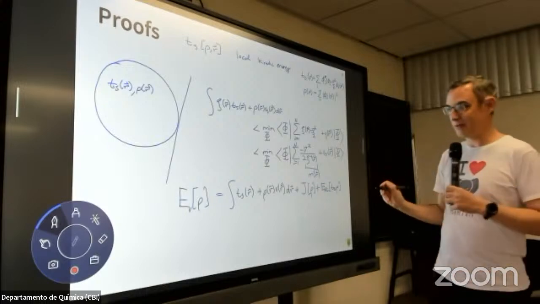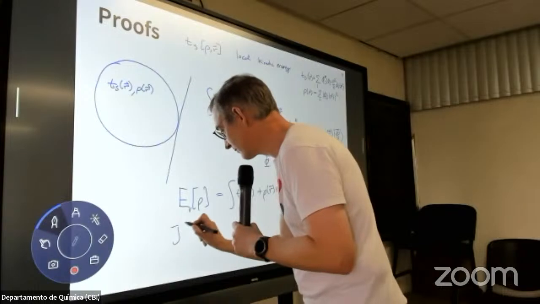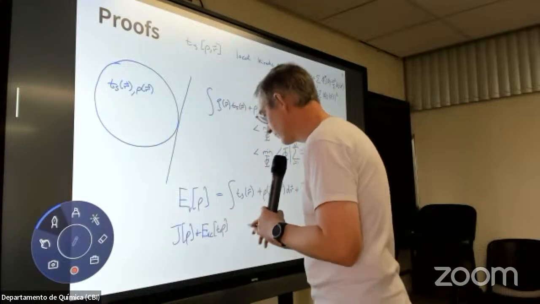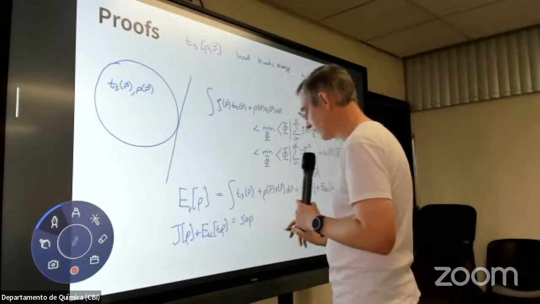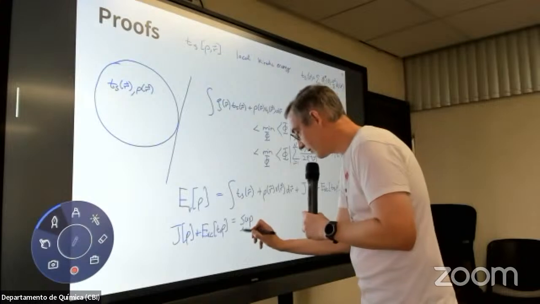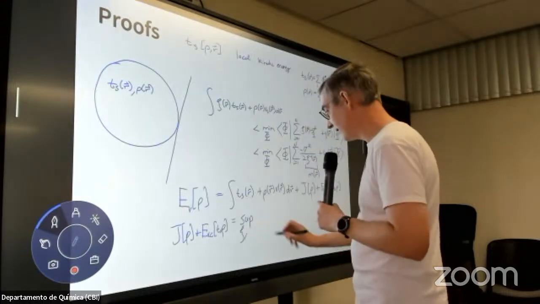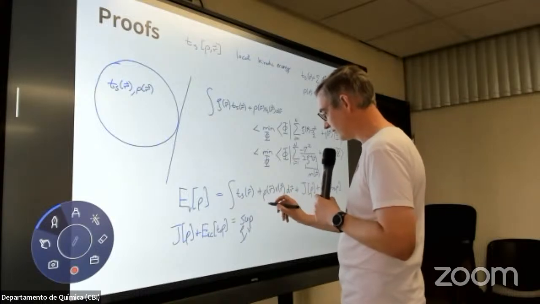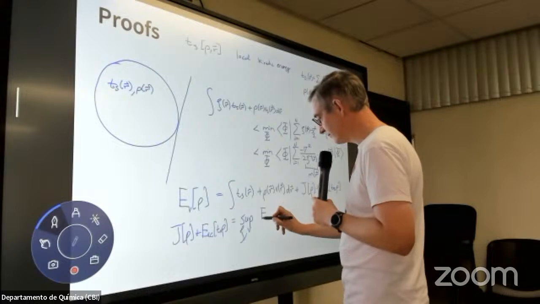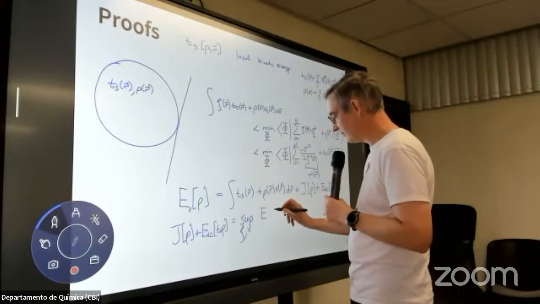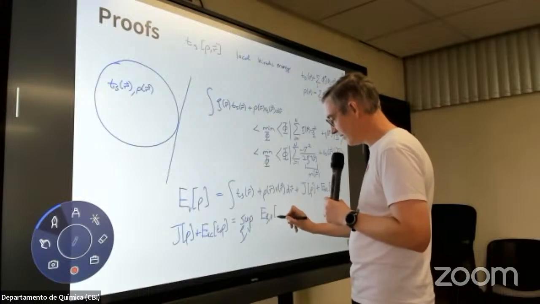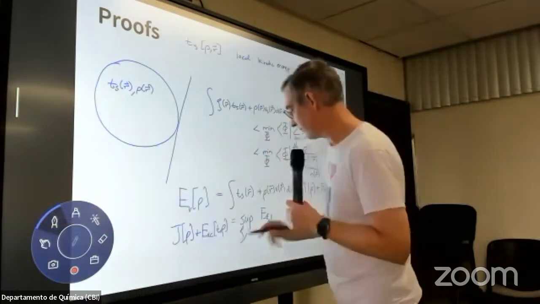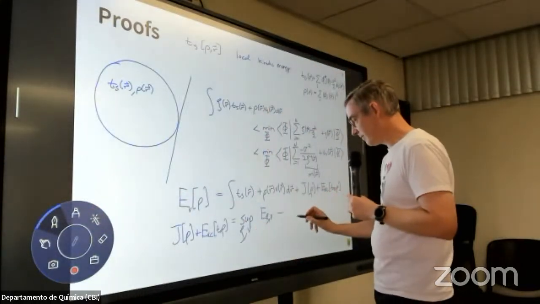Now, I'm going to be allowed now to write... is going to be the supremum over zeta and V of the energy with zeta and V, minus the integral.